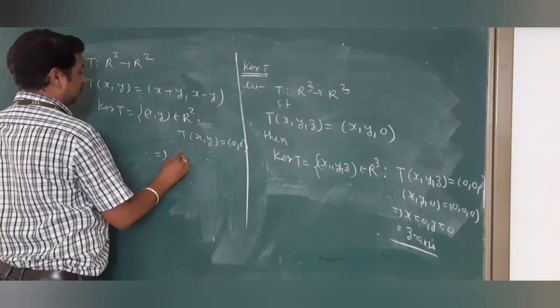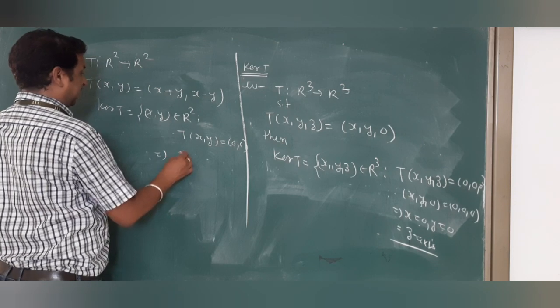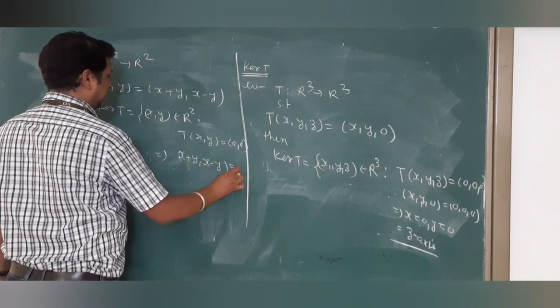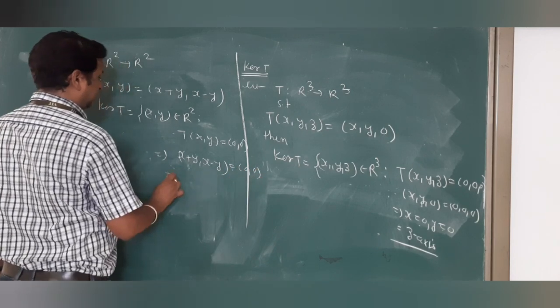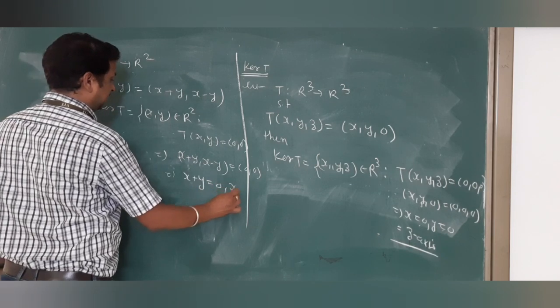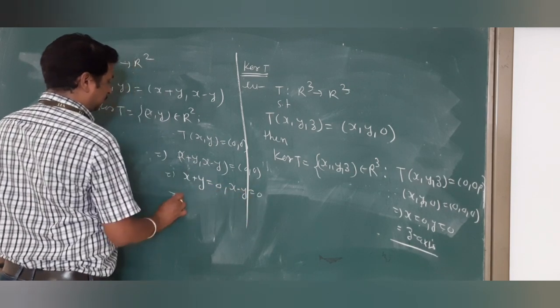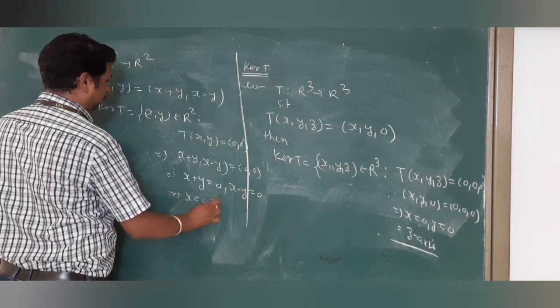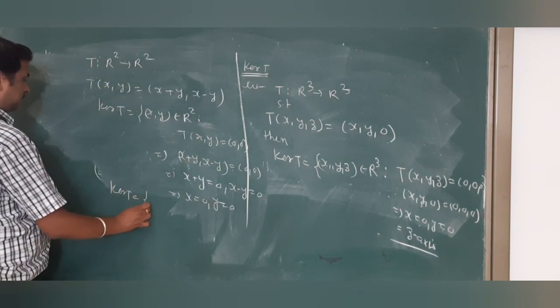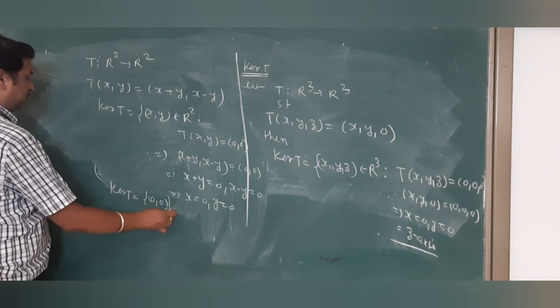So T of xy equal to 0, 0 means x plus y, x minus y is equal to 0, 0. It means x plus y is 0 and x minus y is equal to 0. So what is the value? x is 0, y is 0. What is kernel T? 0, 0. Only the zero element.